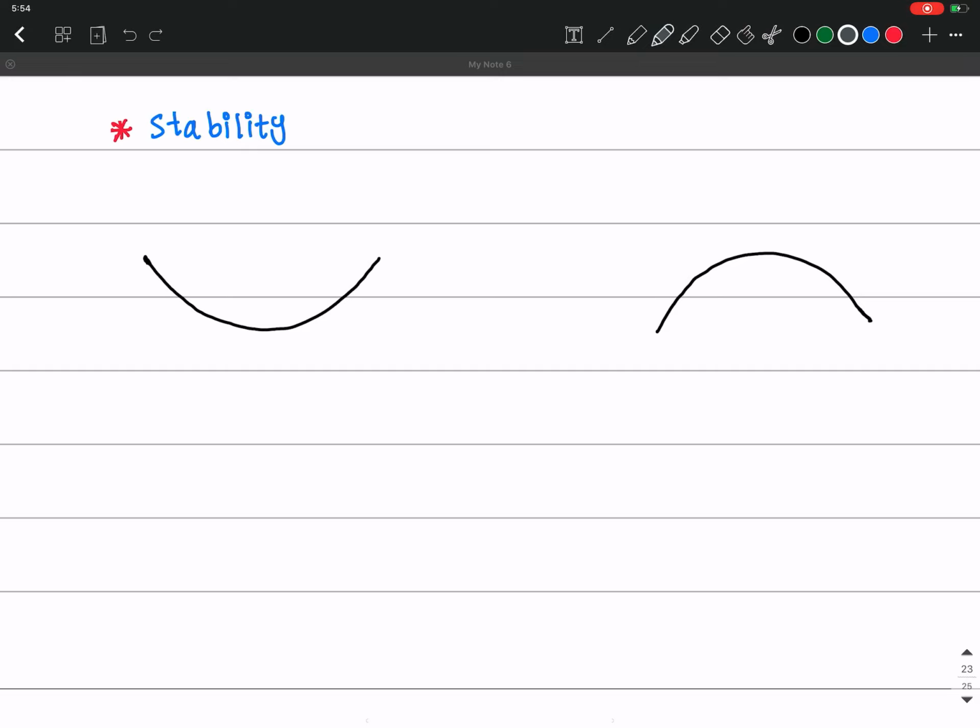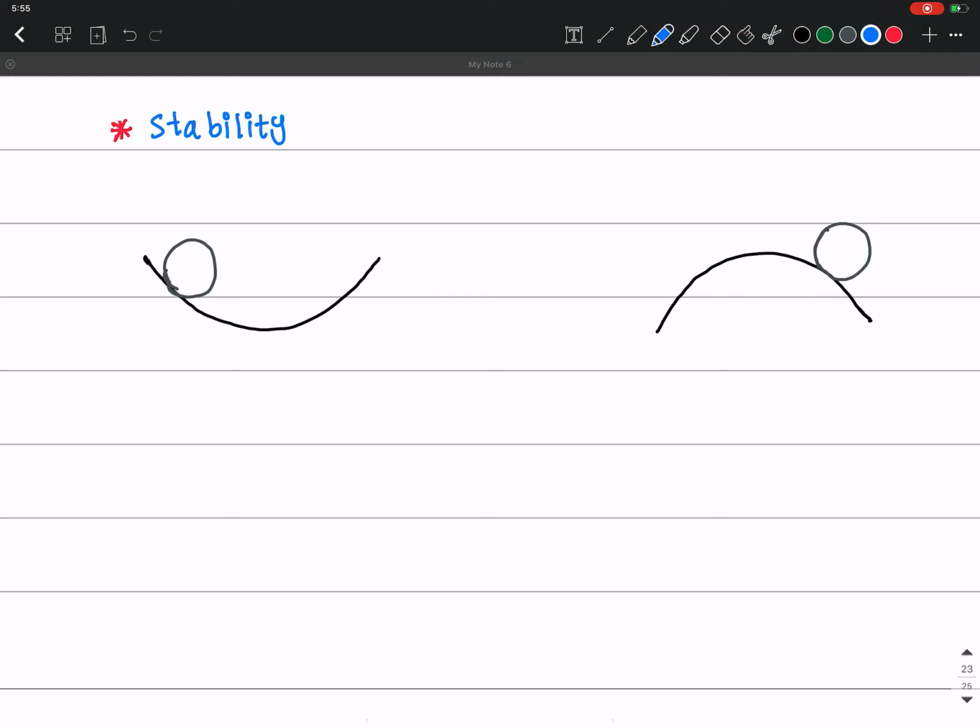So imagine we have a ball here and then we put it here. And then we have the same ball here. Okay, so let's first investigate the one on the left.